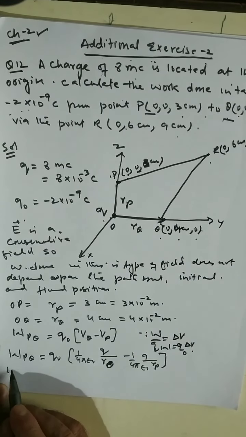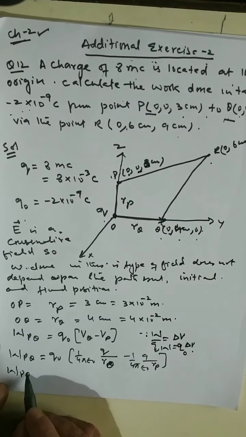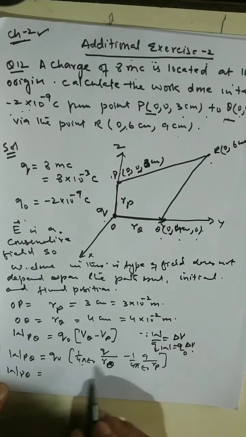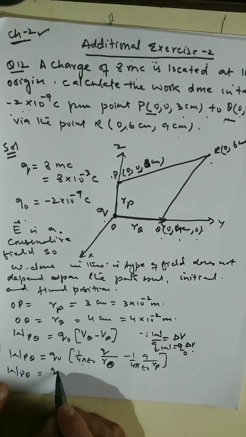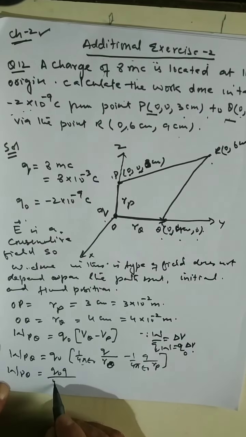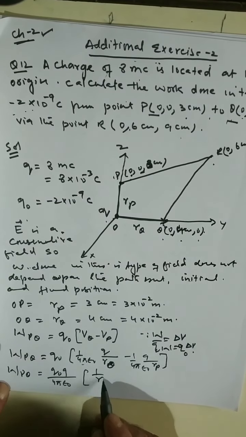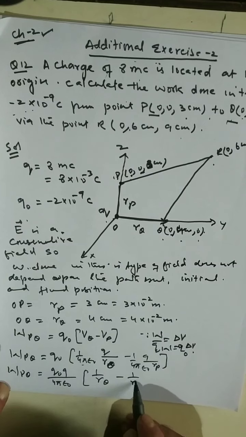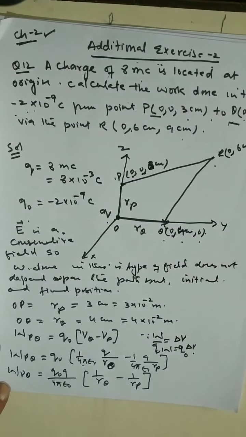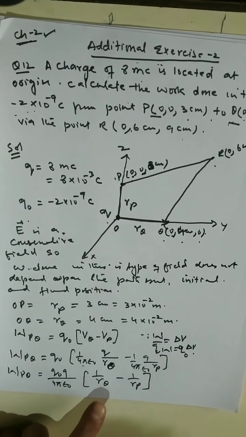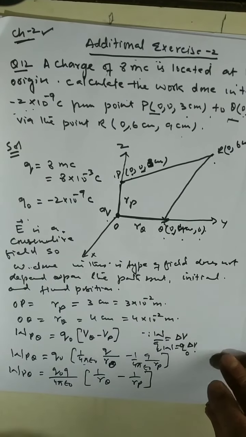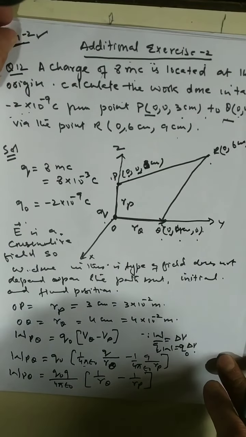So from here we take common: q0 Q by 4 pi epsilon 0, and what remains is 1 by rQ minus 1 by rP. Now we will substitute the values for all of these quantities and get the required value.